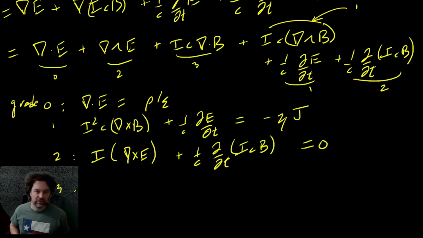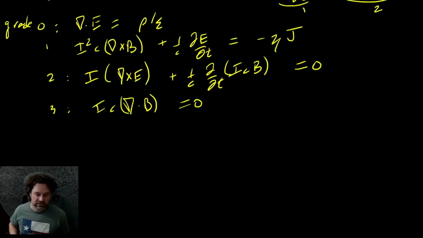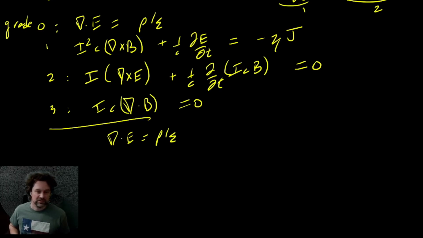Finally, our grade 3 term is just IC grad dot B equals 0. So all we have to do is rescale these in some cases. So first case, we have grad dot E is rho over epsilon. That's just Gauss's law.